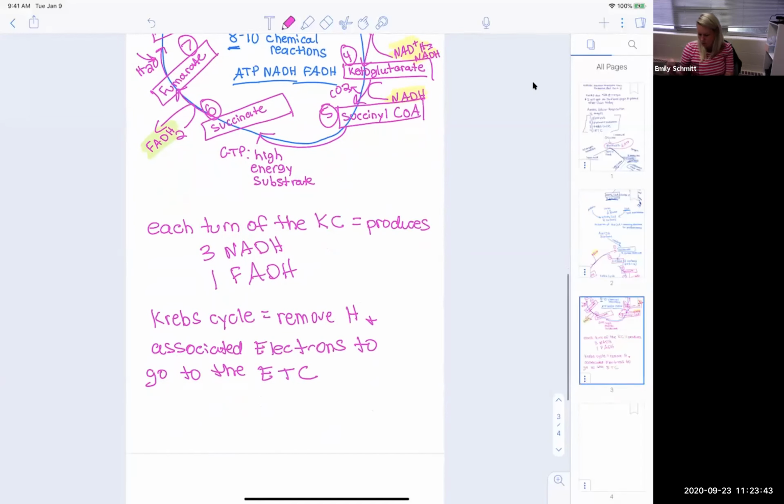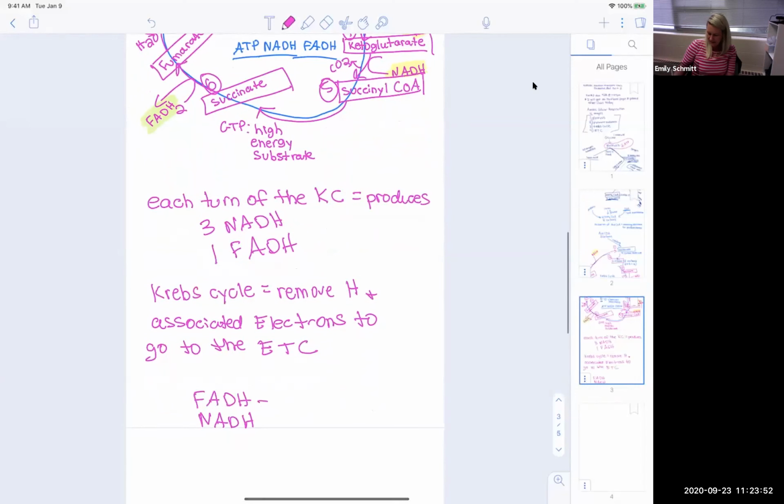Now, a little bit more about FAD and NADH. So we know that FAD can accept 2 hydrogen, and we know that NADH can only accept 1 hydrogen. So just keep that in mind as we move forward.